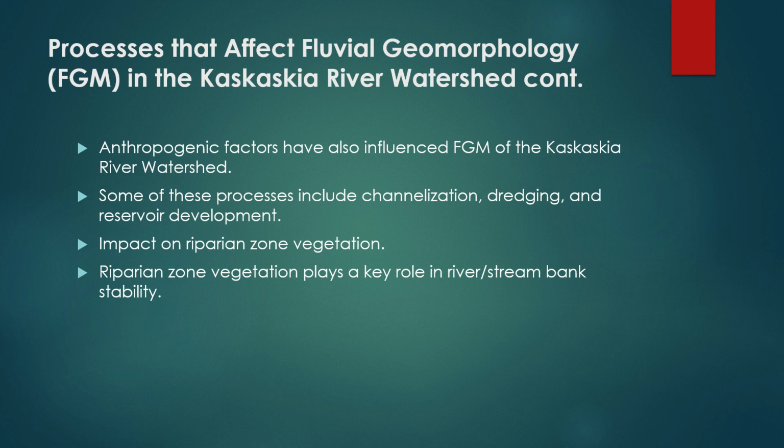However, there are some negative impacts to these man-made or man-induced anthropogenic processes, which are deterioration to the riparian zone vegetation, which, of course, we know plays a key role in stream bank stability. Channelization, dredging, harming the riparian zone vegetation can lead to erosion, sedimentation in certain areas, and can even lead to inundation and habitat loss.